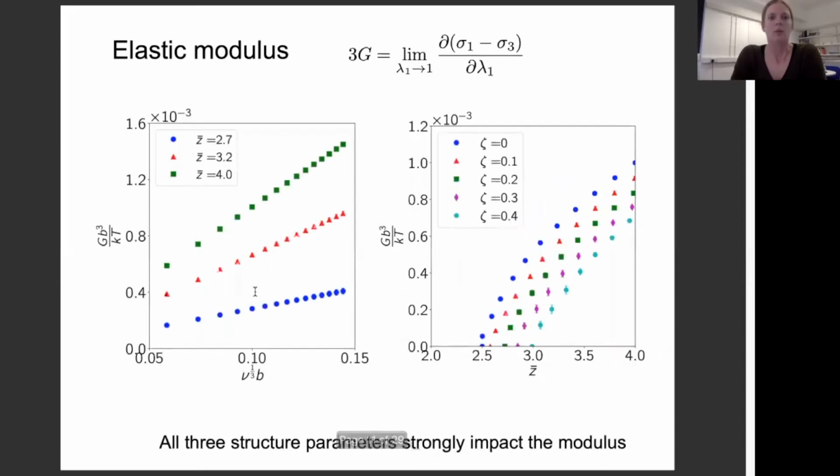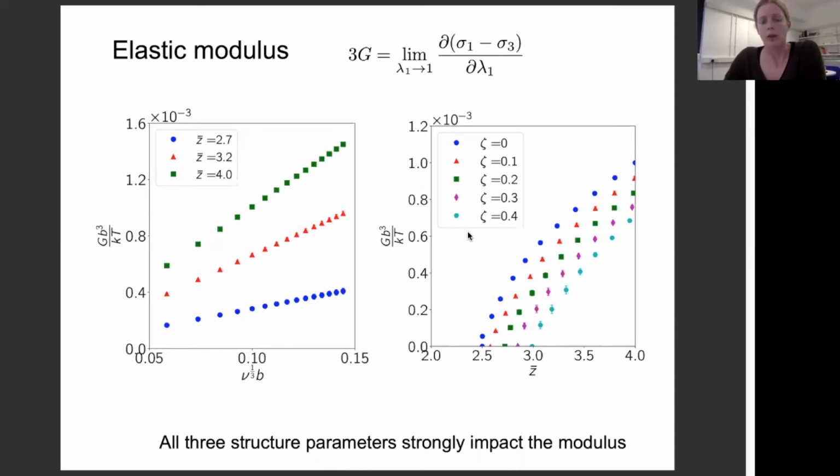The first thing we look at is the elastic modulus. So we get all these curves. So for example, the elastic modulus as a function of density. This is for 3 average coordination. So you have modulus increasing with density, but note the power here, power 1/3. And in general also the modulus increases with coordination.